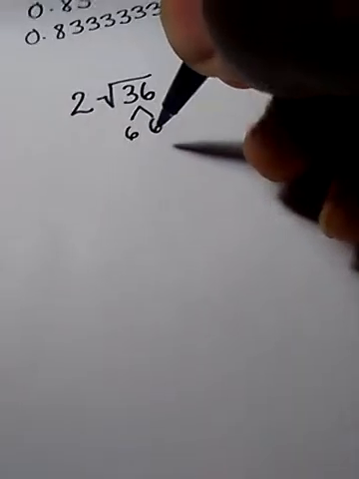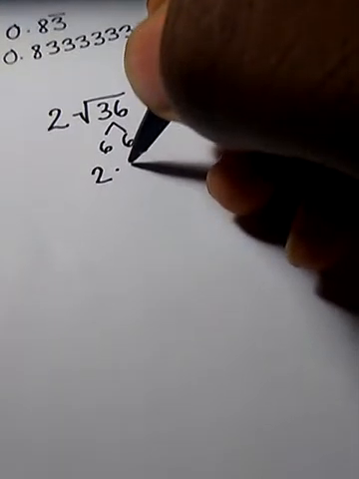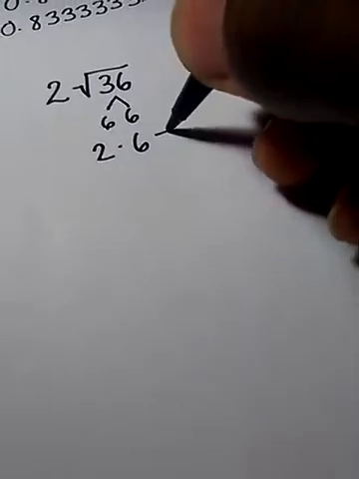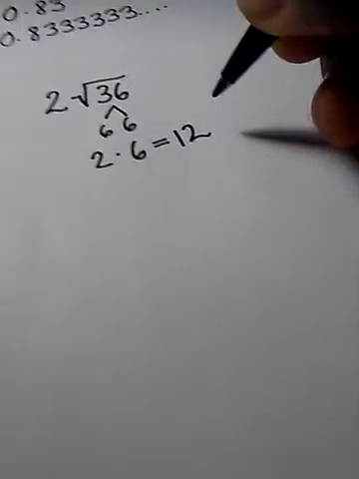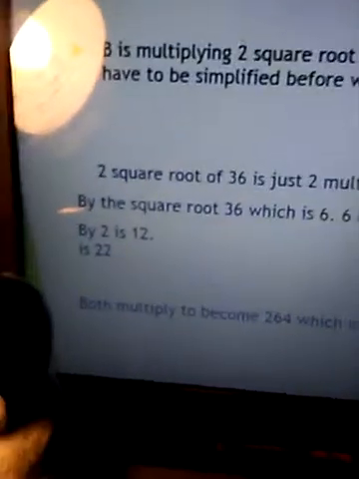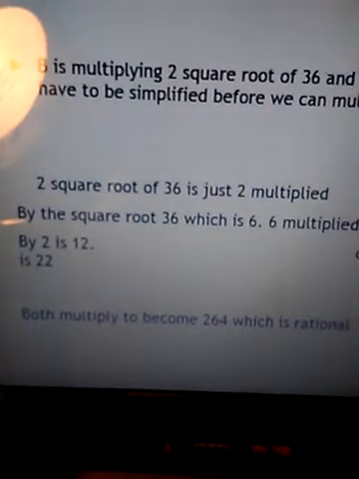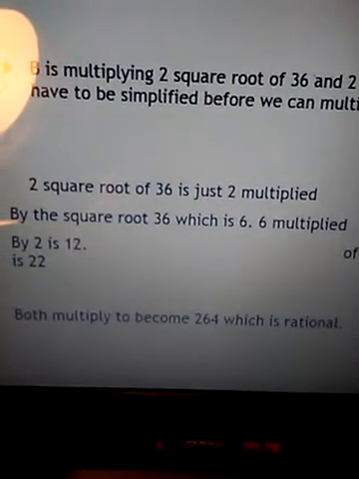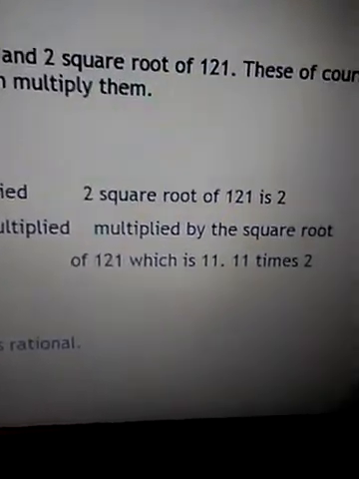That would be 6. So it would be 2 times 6, which is 12. So 2 square root of 36 is 12. Now, 2 square root of 121.